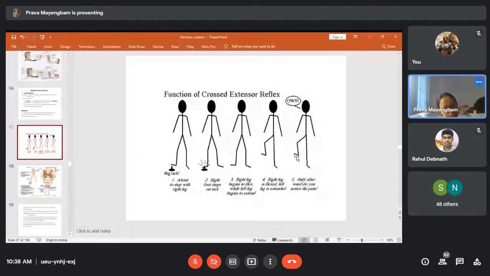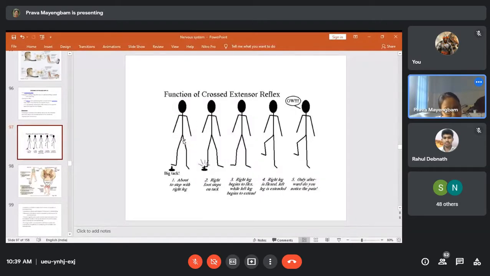The person who was simply standing earlier puts his right leg on a nail, and then there is a prick on the right leg. Due to this, he flexes his right leg.